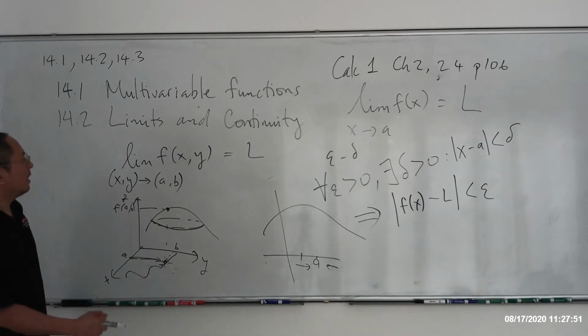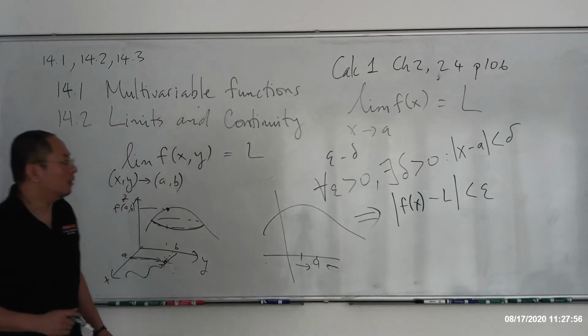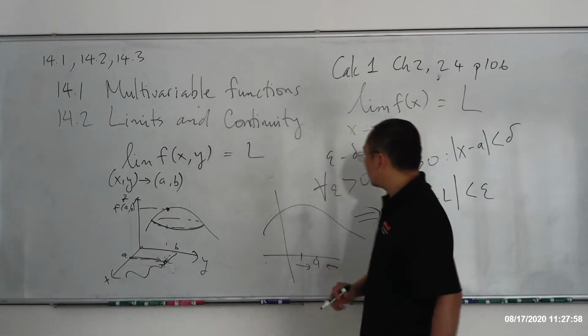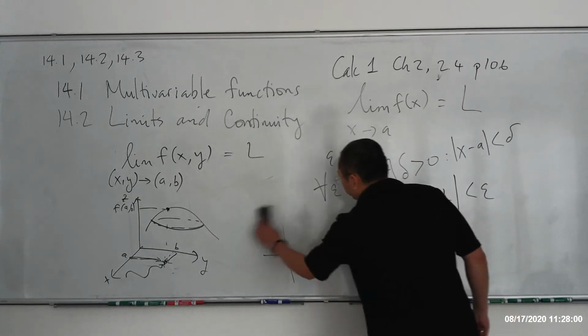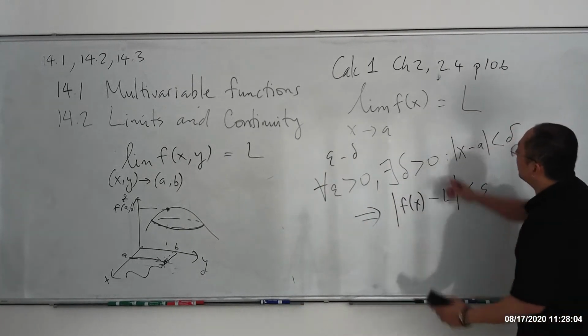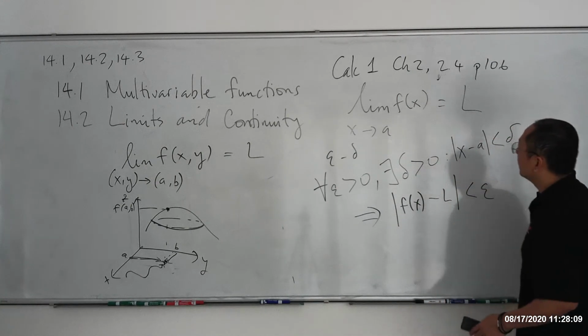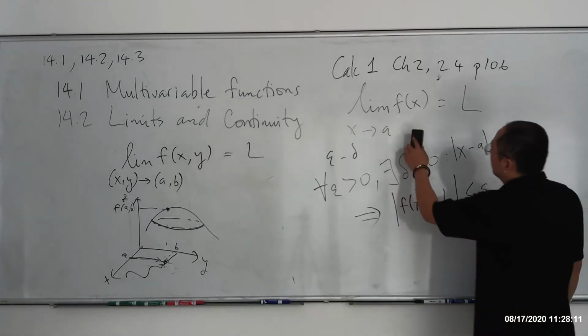So first, let me write down the definition of the limit for a multivariable function. Then I'll show you how to do the math. Okay. So pretty much the same idea, but we're going to modify our notation so it makes more sense in 3D.